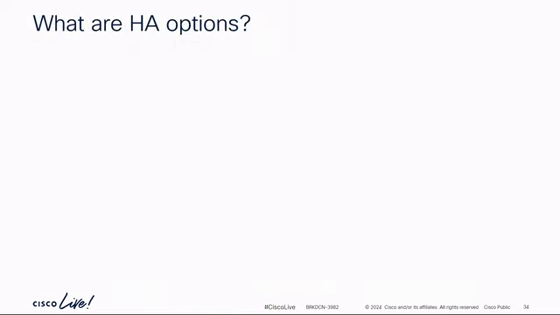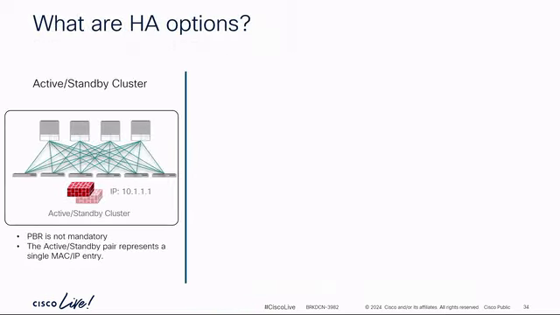Next, so what are HA high availability options? I'm going to talk about 3 use cases. One is active standby cluster. Let's say you have one active, one standby sharing the same IP. If failover happens, the standby device is going to send a GARP to take ownership of the IP.